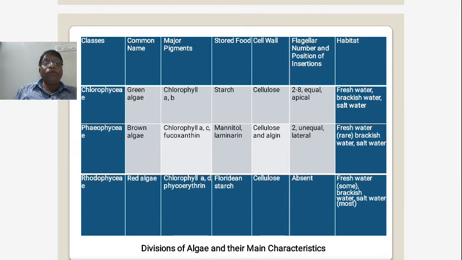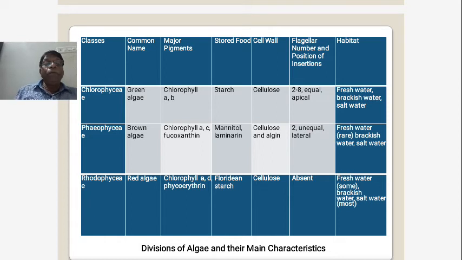There is a difference. Then, the nature of cell wall. That is, the cell wall is made up of mainly cellulose. Okay. Then, with respect to the number of flagella, the flagella in the class Rhodophyceae are totally absent.